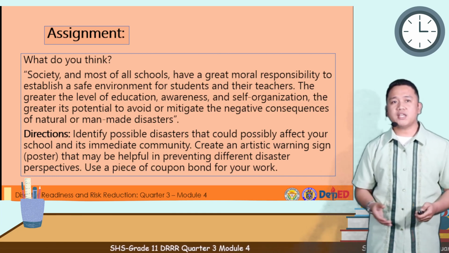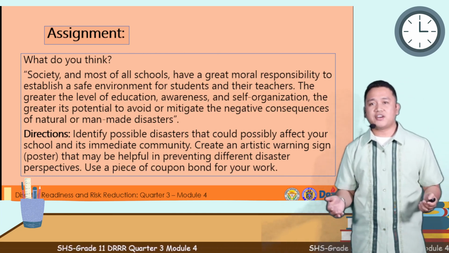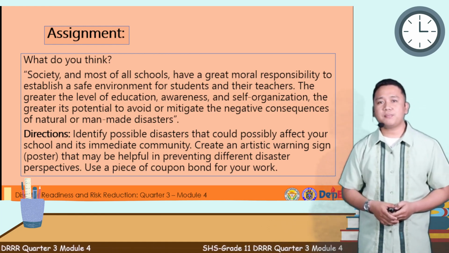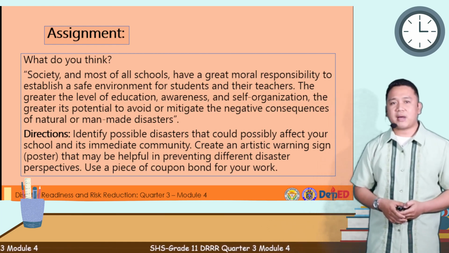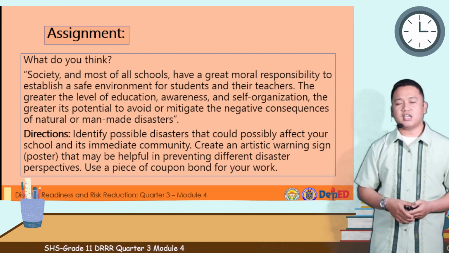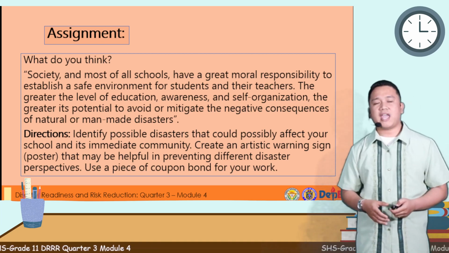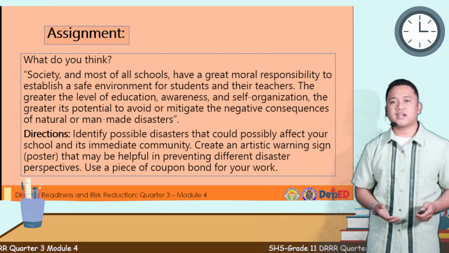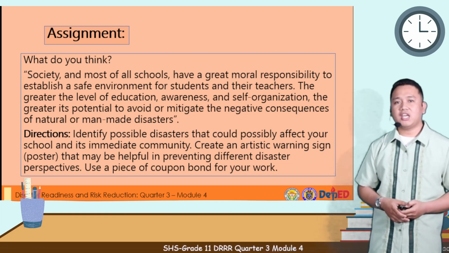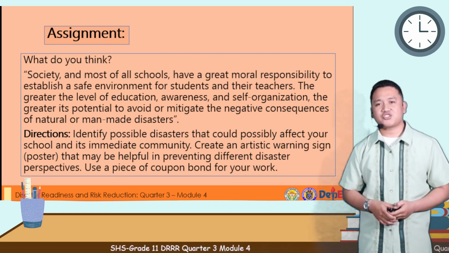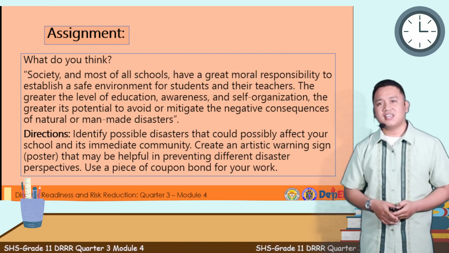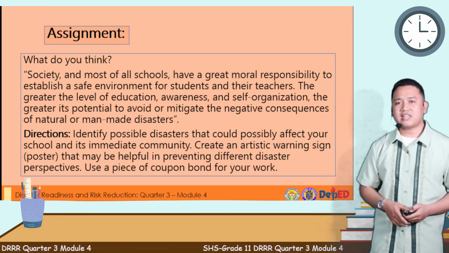So you are going to read the first statement, and then identify the possible disasters that could possibly affect your school and, of course, your community. So your task is to create an artistic warning sign or poster that can help in preventing different disaster perspectives. Is it clear, learners? Yes, that is your task.